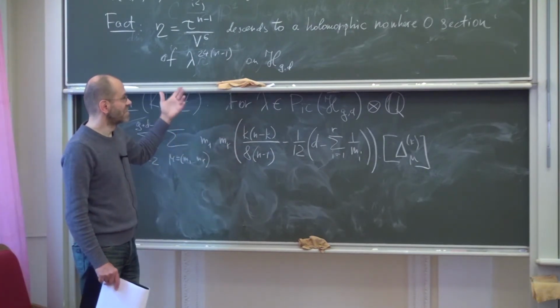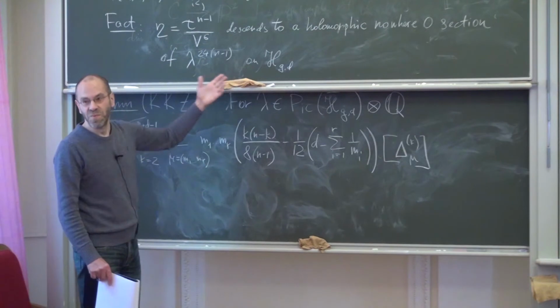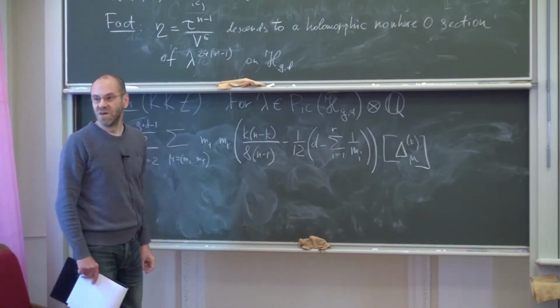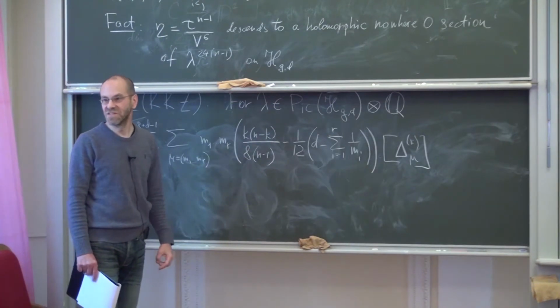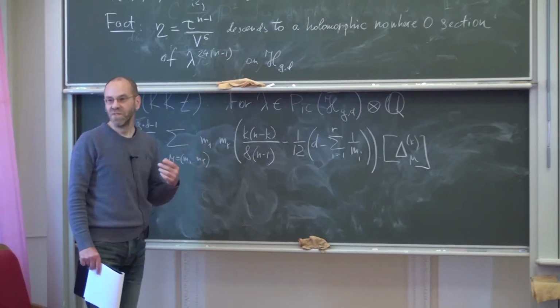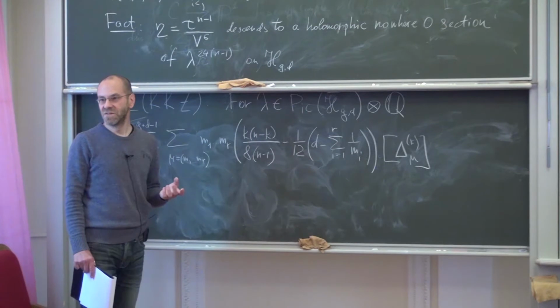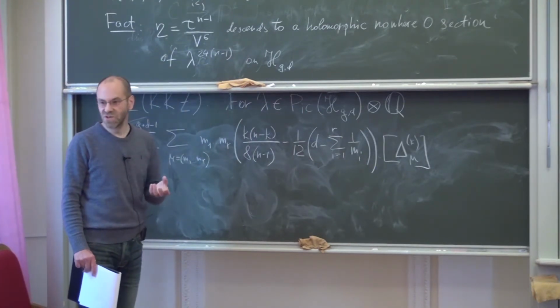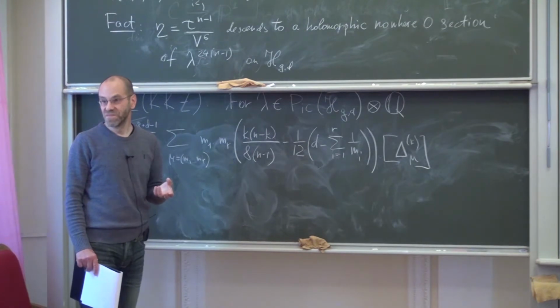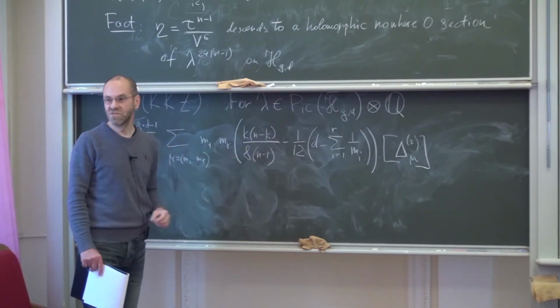Since it's nowhere zero on the open part, its divisor lies on the boundary. And then we look at the asymptotic behavior of this eta near the boundary and compute the order of vanishing. And that gives the coefficients in this formula.